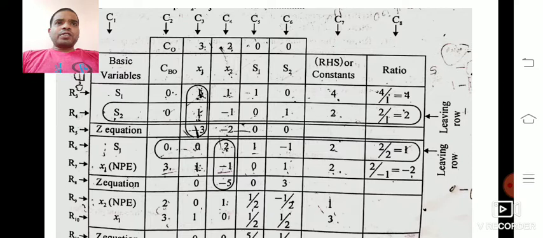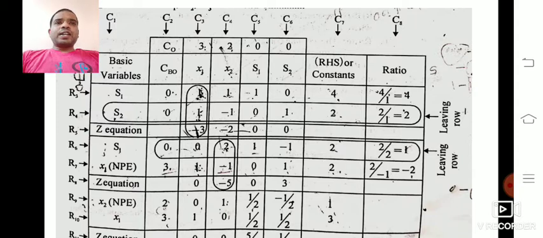For x1, how much is the coefficient? See at the row 1 top side, x1, the coefficient in the objective function is 3. Okay, so 0 into 1 plus 0 into 1 minus 3, that will give the C3 column in the z equation row minus 3.